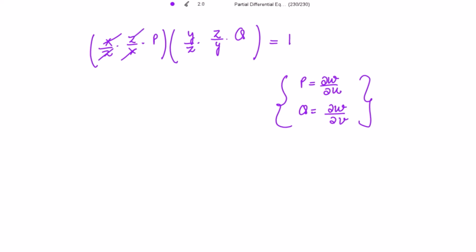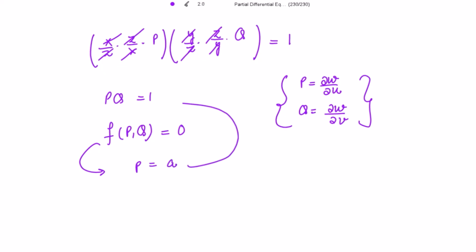So cancelling this, we get PQ equal to 1. So now we have got our equation in the format f(P, Q) equal to 0, and for this we take P to be equal to a. So when taking P equal to a over here, we get aQ equal to 1, that is, the value of Q is 1 divided by a.